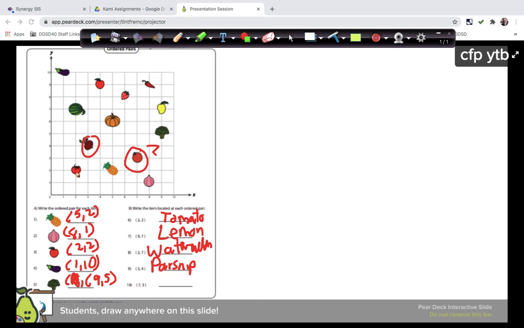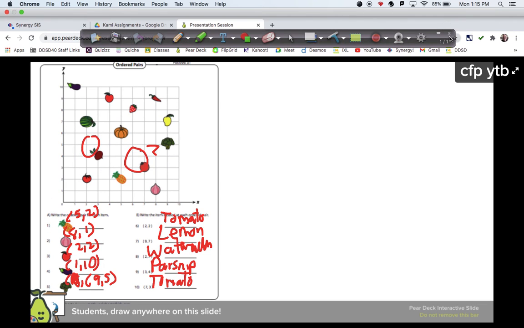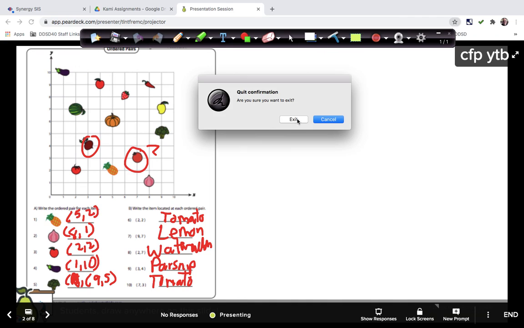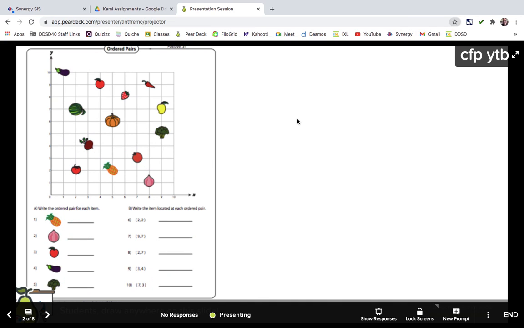We're going to call it another tomato. But as long as you know where to go, that this is 7.3 right there, that's really all I need. And boy, that is a wrap up of Monday, March 15th.